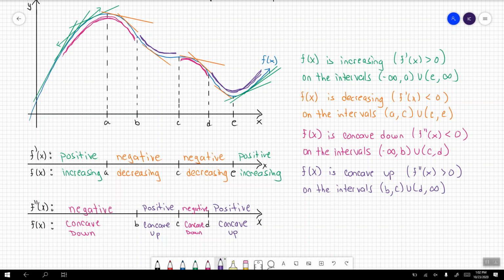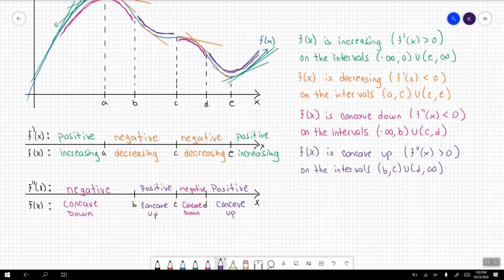Now, typically, when we go through the process of extracting these critical values, or critical numbers, we'll get an extraction for the values A, B, C, D, or E. It's only when we test them using the first derivative or the second derivative that we actually get to find out whether those points are going to be maximum or minimum values, or whether they're going to be called inflection points.